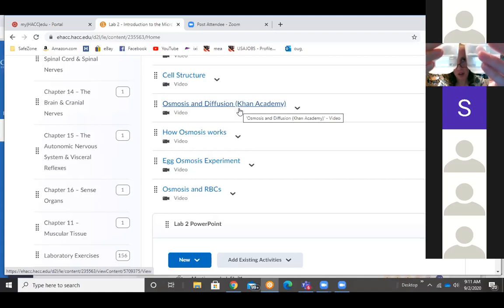If I have 2 equal volumes here, this one has 10% sugar in it, and this one has 30% sugar in it. Which one contains the most water? The 30%. No, because that one contains the most sugar.